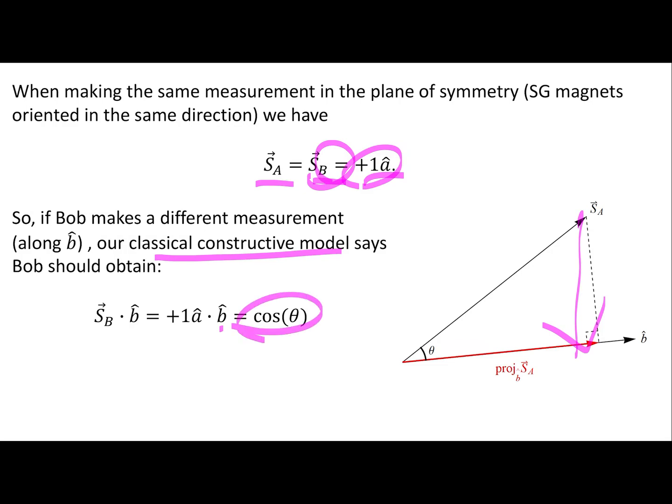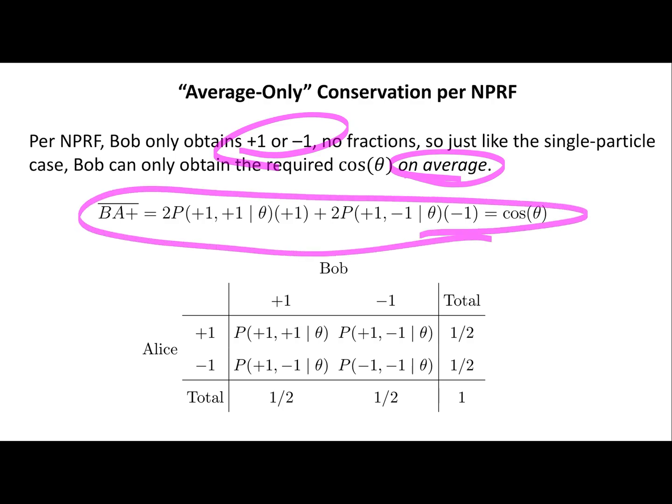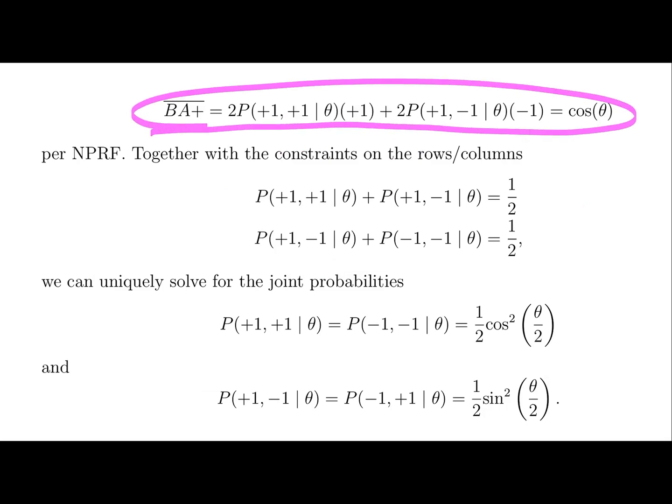projected down in his new measurement direction, cosine alpha. But of course, he can't measure any fractions, only +1 or -1. Therefore, in order to conserve our spin angular momentum, we're going to have to do so on average. So here's our average-only conservation for NPRF.